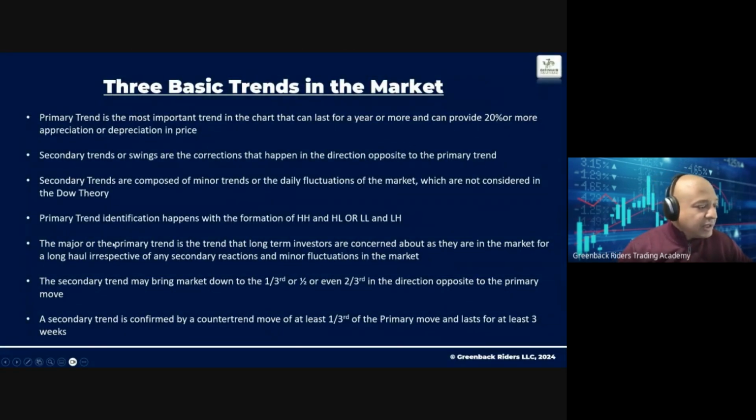The major or the primary trend is the trend that long-term investors are concerned about, as they are in the market for the long haul. We saw that. A secondary trend is confirmed by a counter trend move of at least one third of the primary move and lasts for at least 3 weeks. If at least one third of the primary move is not taken out, we do not consider that it is a secondary move.